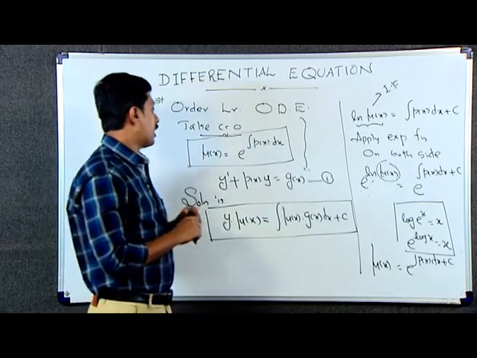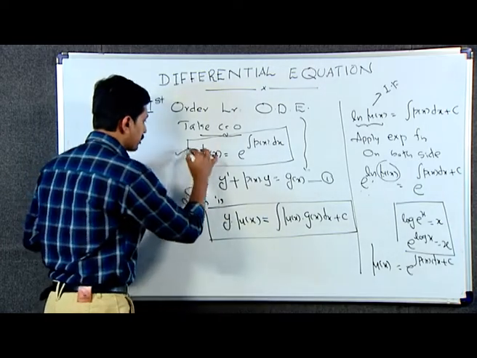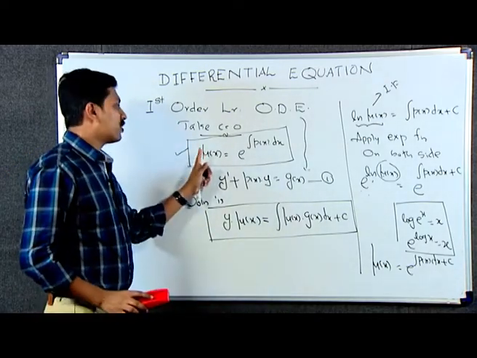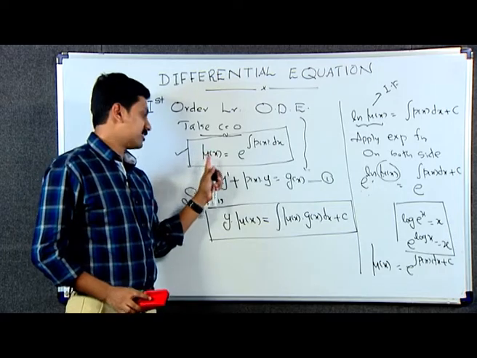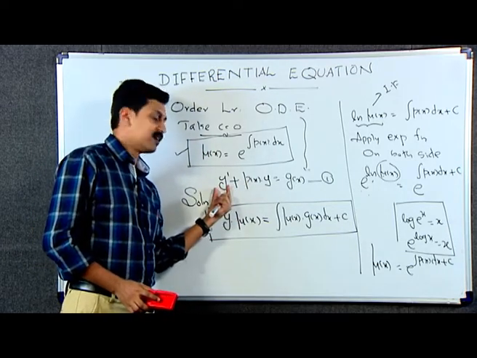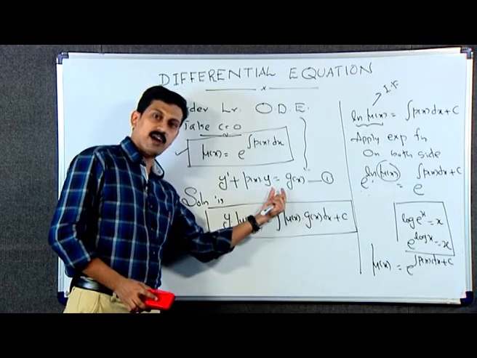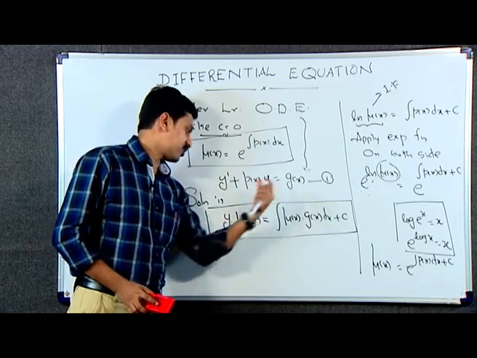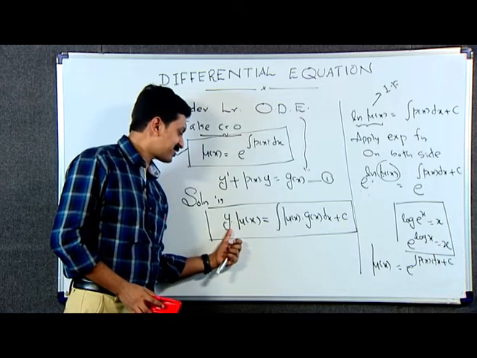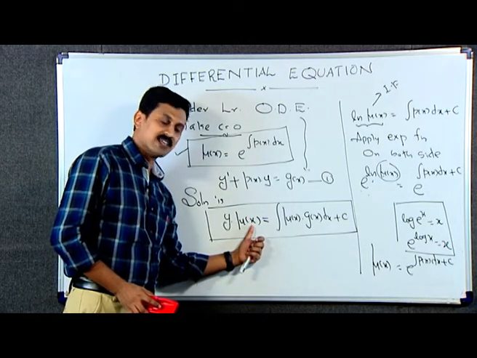See here, this is a part of the method of finding the integrating factor, and this mu of x is called the integrating factor. Our formula to solve y dash plus p of x into y is equal to g of x is that y is the solution of the ordinary differential equation and mu of x is our integrating factor.